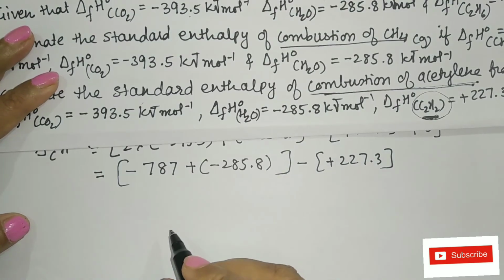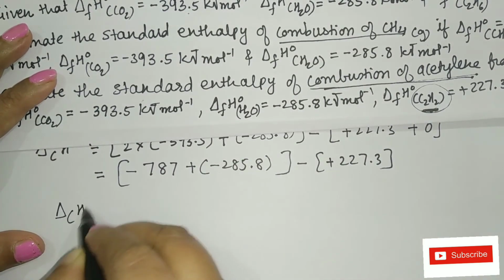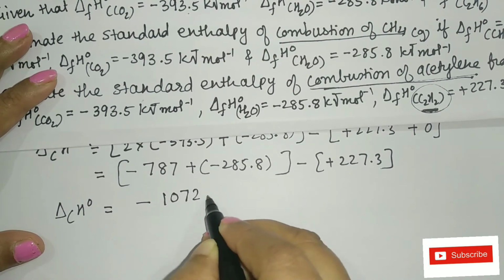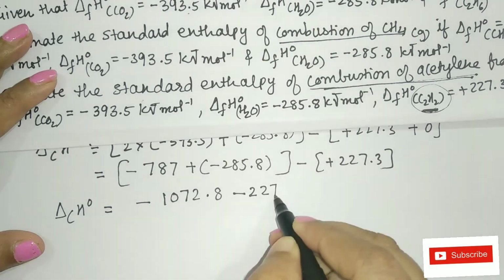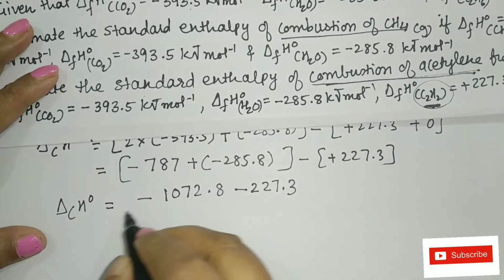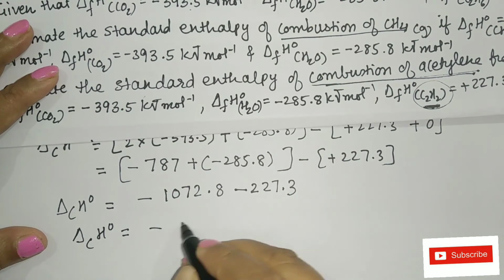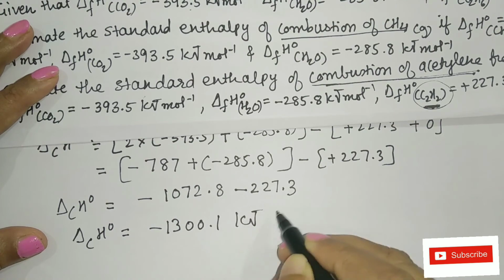Now continue solving this. If I add those two terms, I will get delta H standard combustion is minus 1072.8, and this will become minus 227.3. So after solving, the standard enthalpy of combustion comes out to be minus 1300.1 kJ per mole.